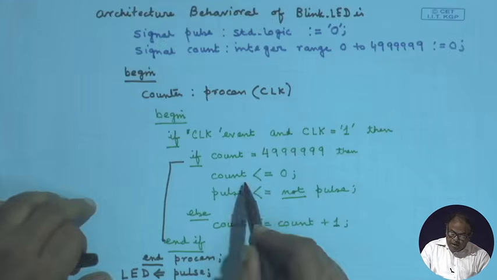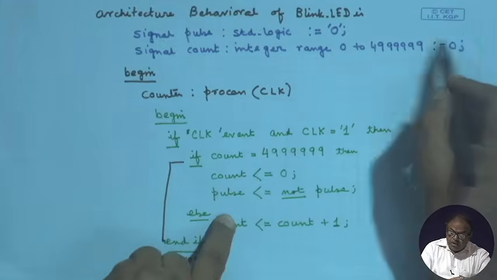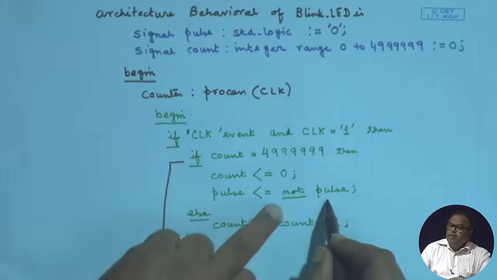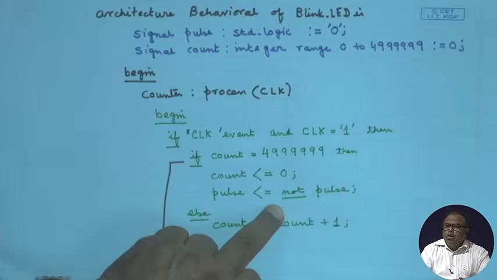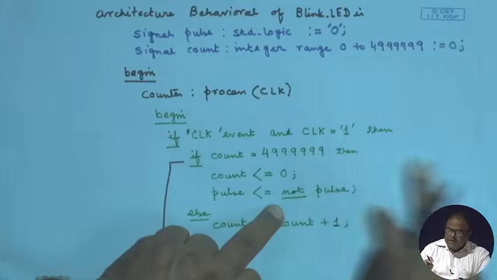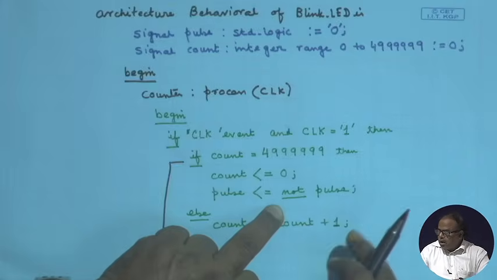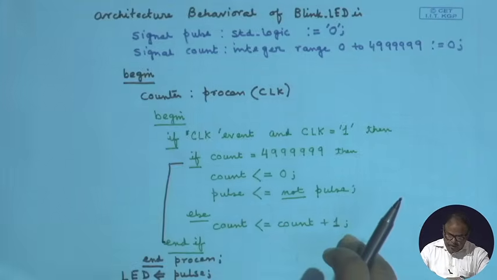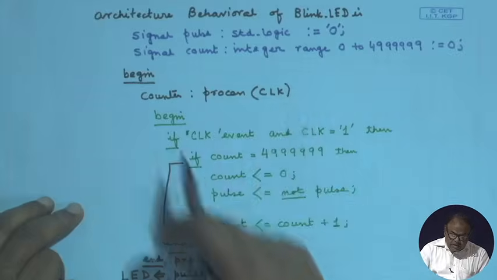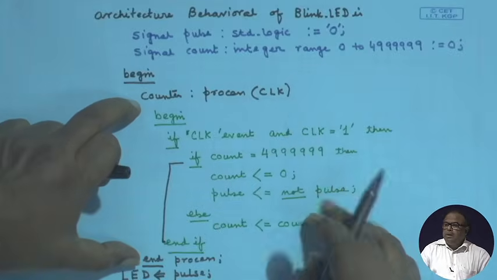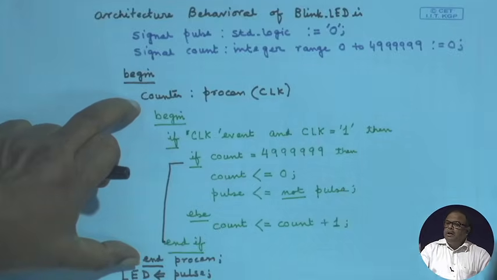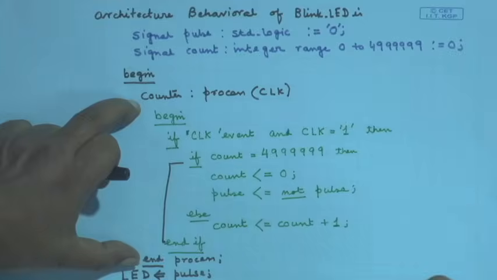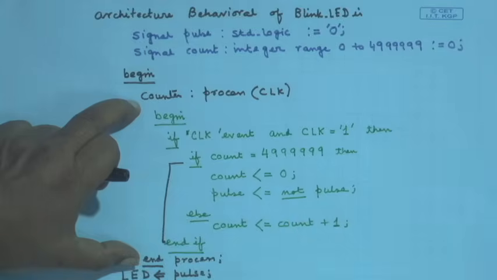Here the count will be again made 0, and pulse which was 0 will now be toggled, not of pulse. That means I am getting a 1 at the output. And this is the process of the counter. The counter process is counting up to 5 million clocks, then it is sending the pulse and resetting the count to 0.